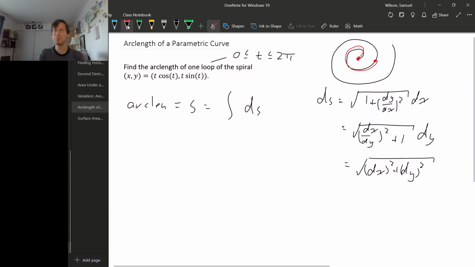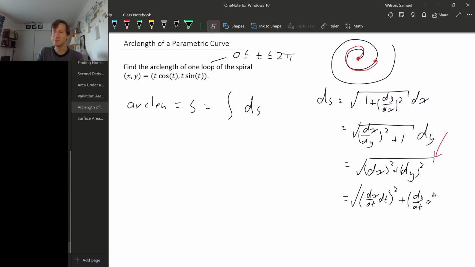If we're talking about a parametric curve, this last way of writing it seems best because we can rewrite dx and dy in terms of dt. So dx is dx/dt times dt, and that's squared, plus dy is dy/dt times dt, squared, all under a square root.